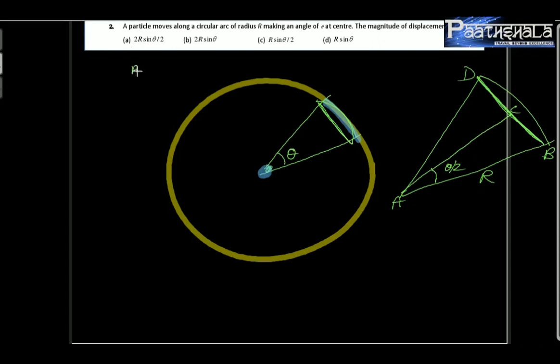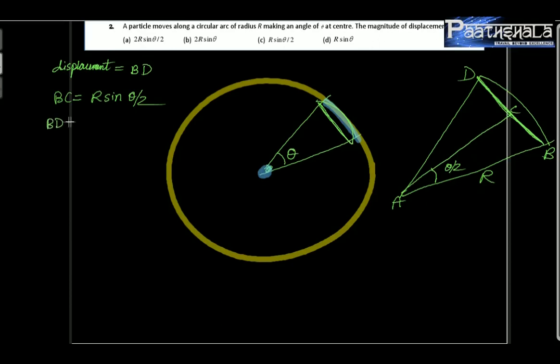Displacement is nothing but BD. BD is equal to displacement. And the given angle is theta by 2. CAB angle is theta by 2. So basically BC is simply equal to R sine theta by 2.